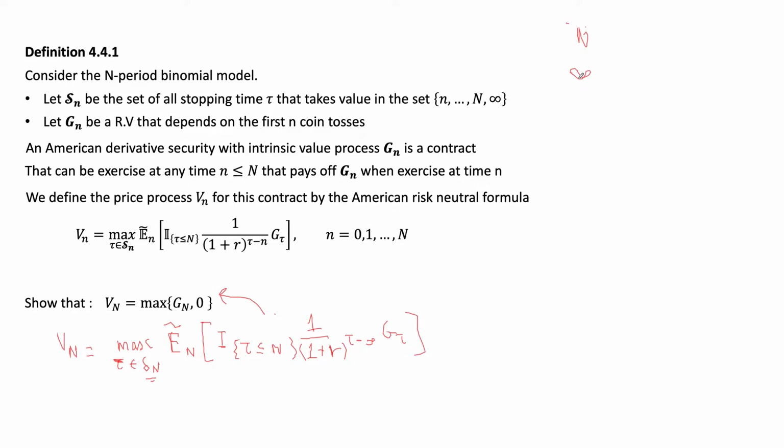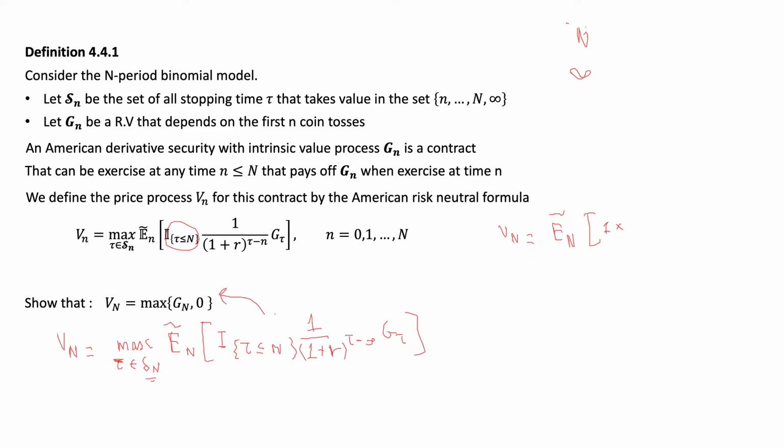So if tau is equal to n, we decided to exercise the option, that means Vn will just be E tilde n, and this guy here would be 1, right? This thing would be 1 because tau would be less than or equal to n.